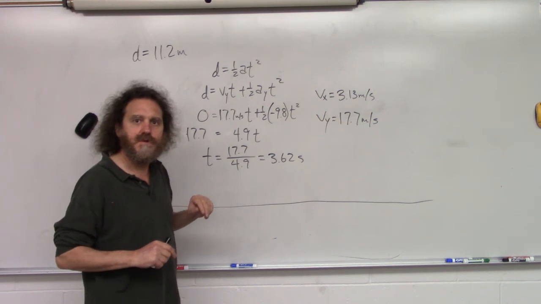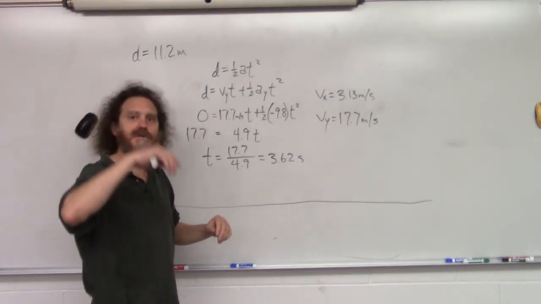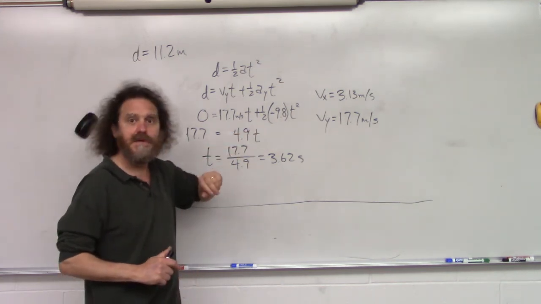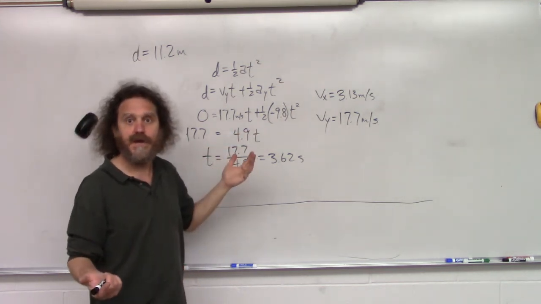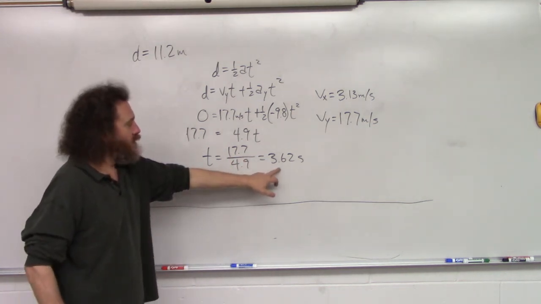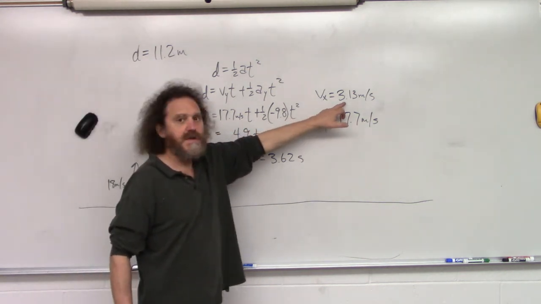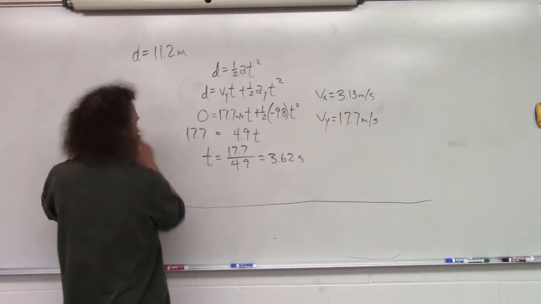And that holds no matter what the horizontal velocity is. If I throw a ball up at 5 meters per second, I can use the same equation to find out how long it's going to take to come back to me. Okay, so that's how long it's in the air, and this is how fast it's moving in the x direction. So I can use those two together.